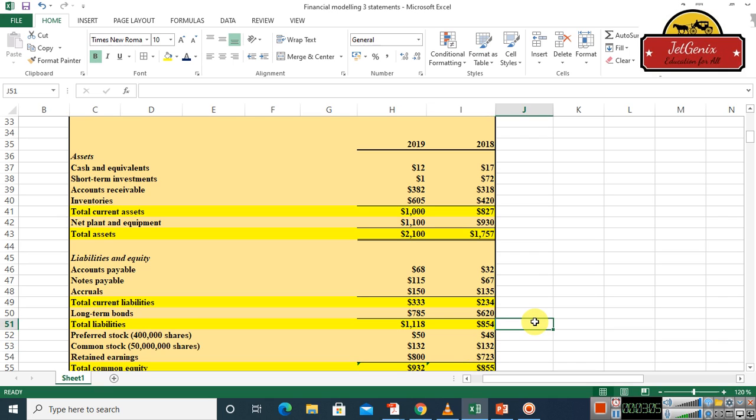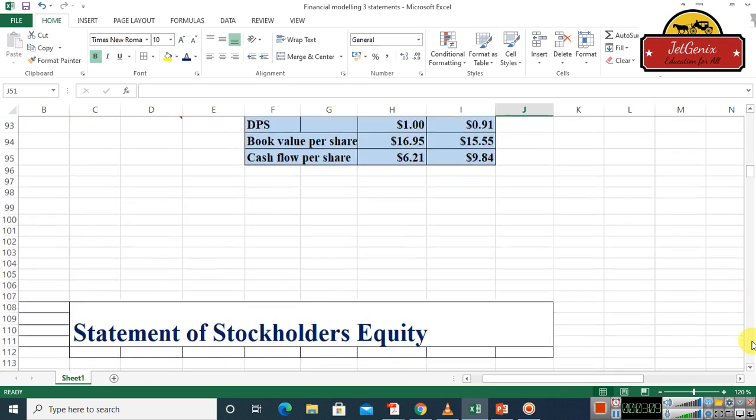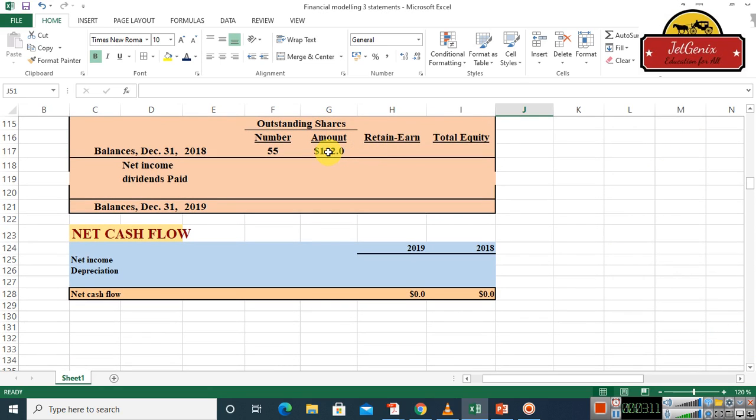Oh wait, I think I did something wrong. Let me go back, yes, here. This is what I had selected and it came here. Okay, so the number of shares outstanding is 55 million and it is worth 132 million dollars.